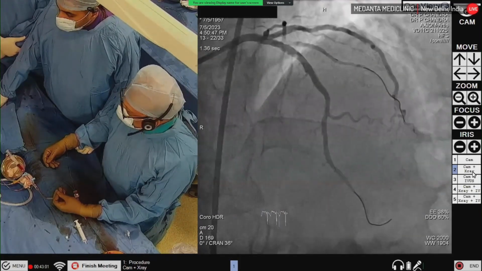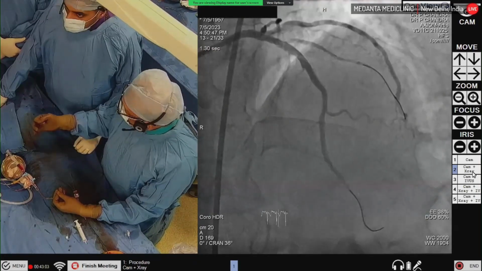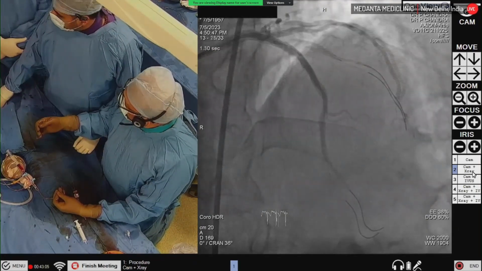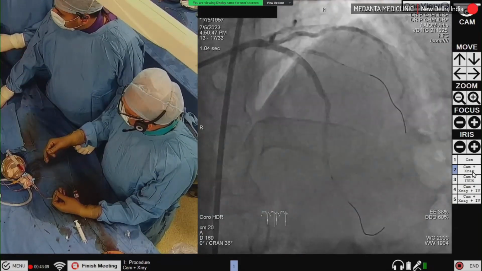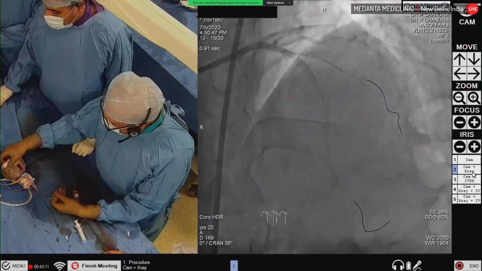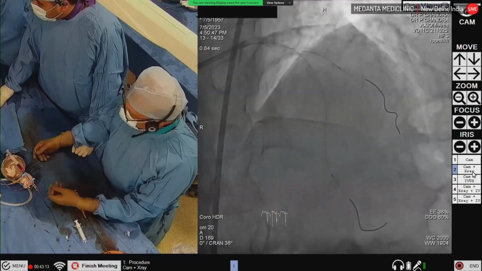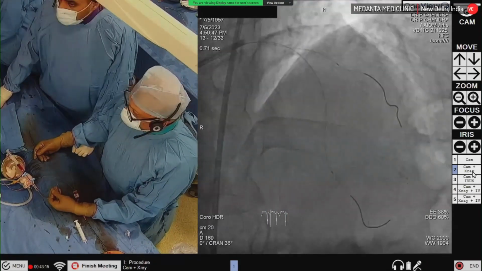You can give this one, Magic Touch. 2.25 into 10 or 15.